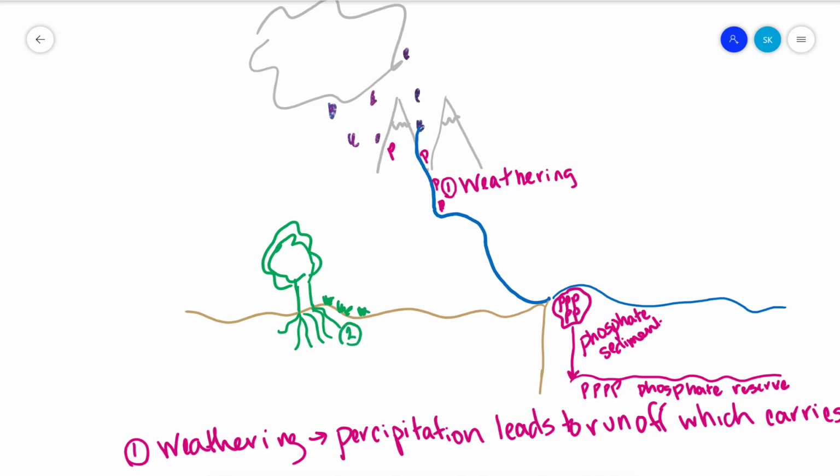Number two is going to be this absorption by plants. Well, it's not really absorption. Let's try again. Mineralization by plants.